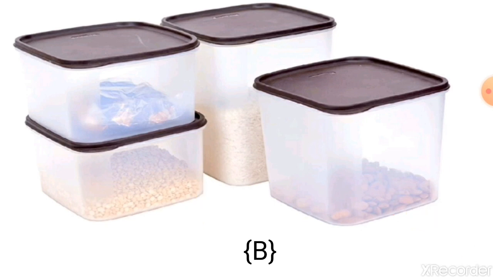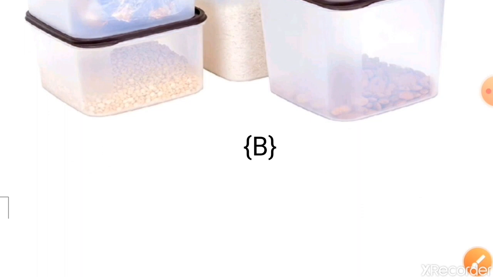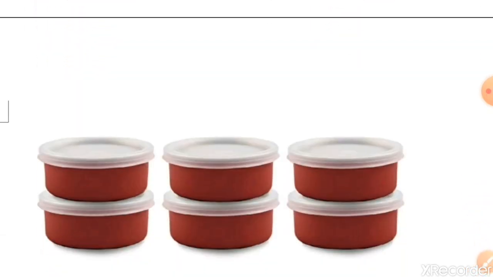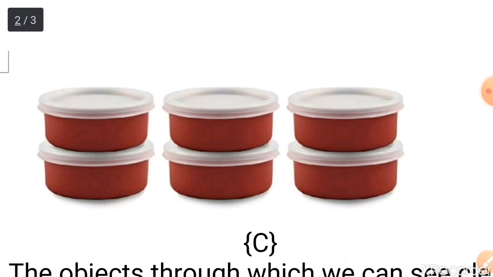Okay, let's move to the third one. Your task is the same. You have to tell what is inside this box. This set of boxes is quite confusing. You cannot tell what is inside them because we are not able to see anything which is kept inside.